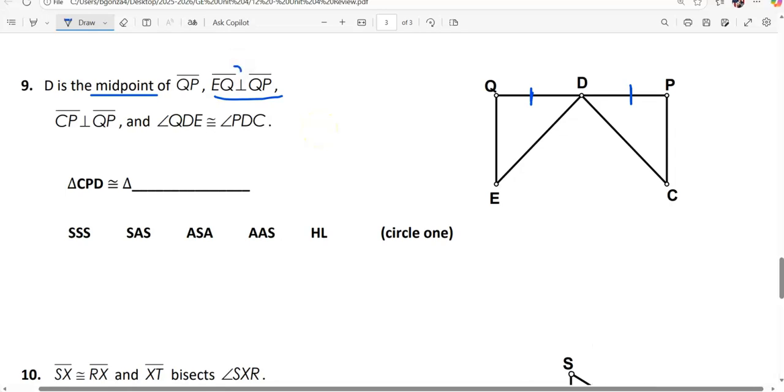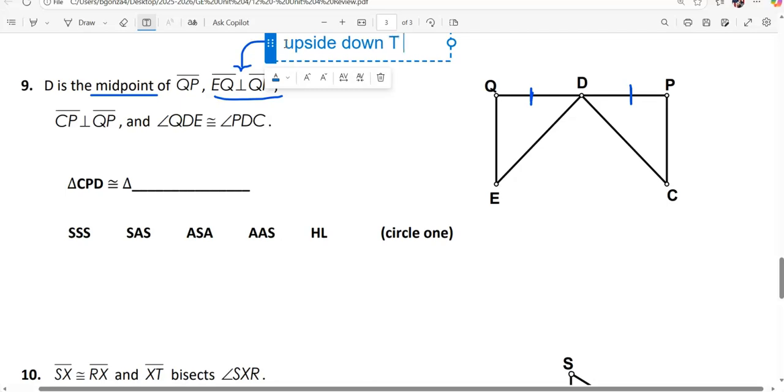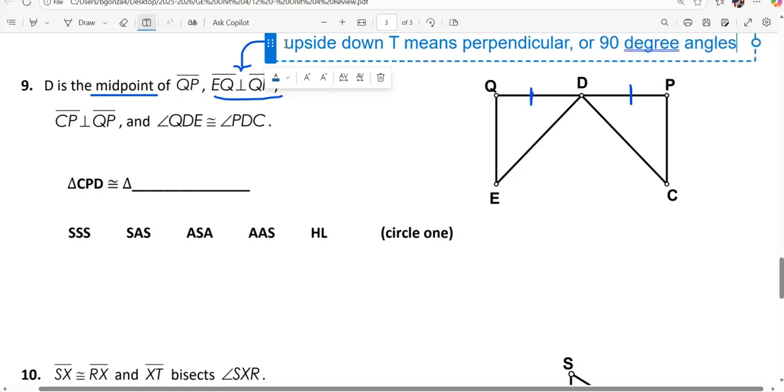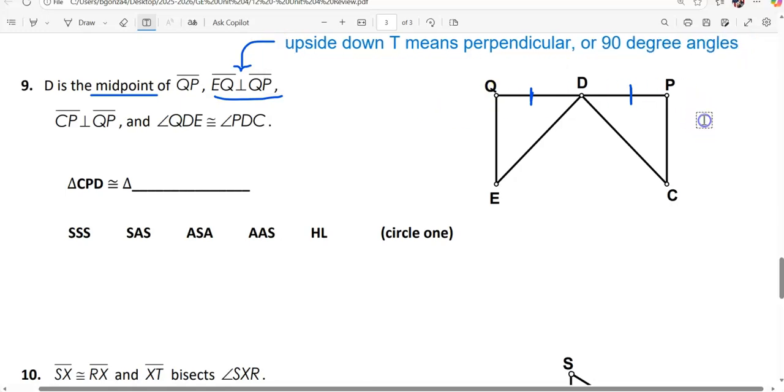So let's make a little note. So EQ and QP are going to be 90-degree angles.